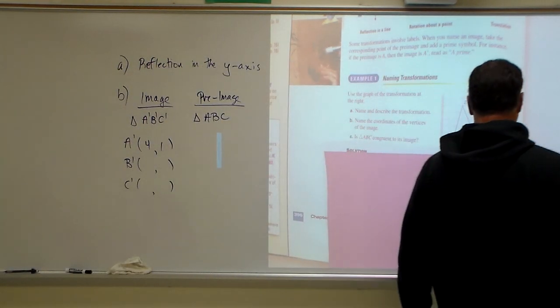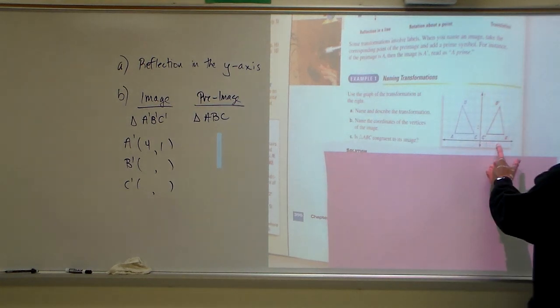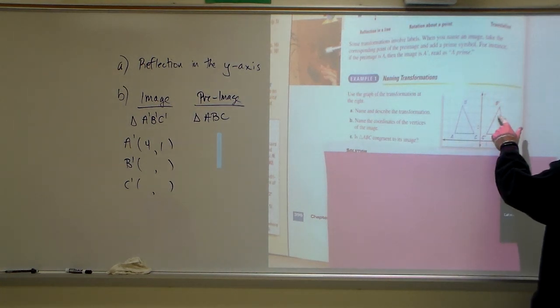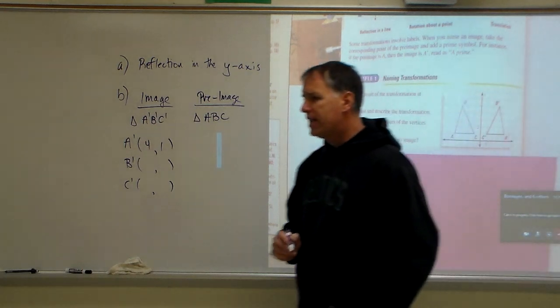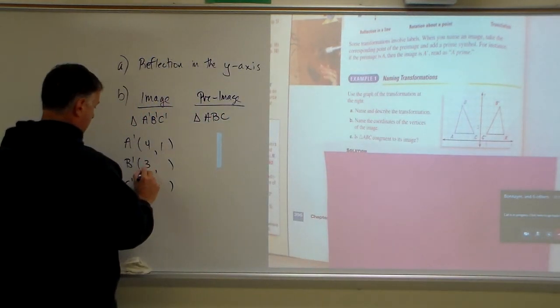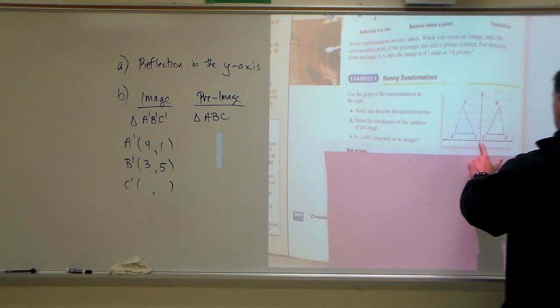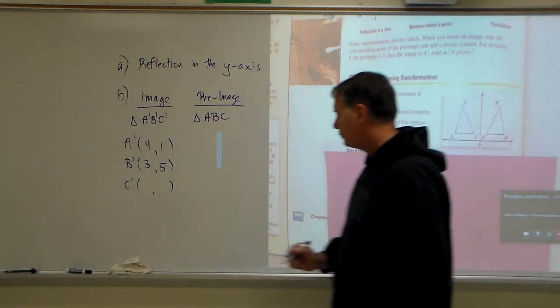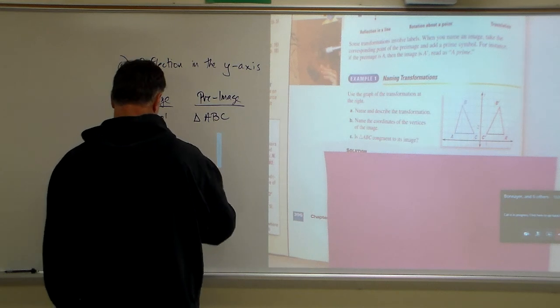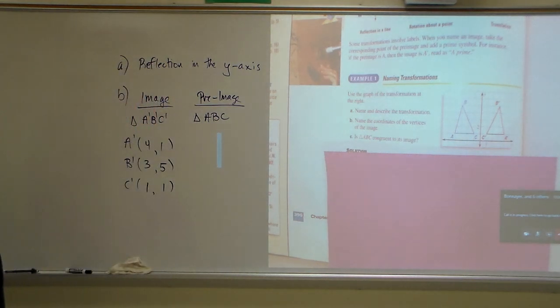Then B prime, over 1, 2, 3, up 1, 2, 3, 4, 5, so 3, 5. And the last one, C prime, over 1, up 1. So we did part B.